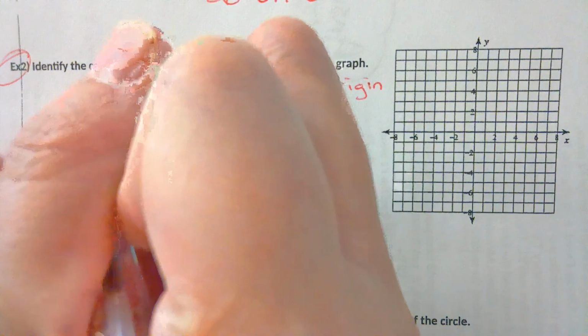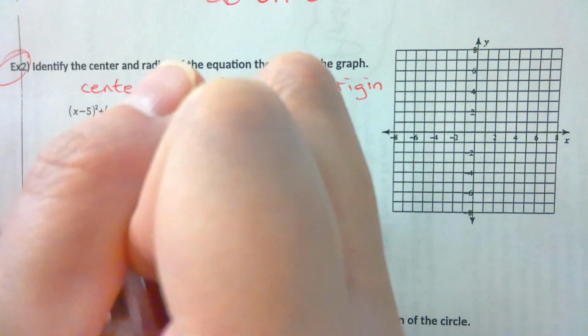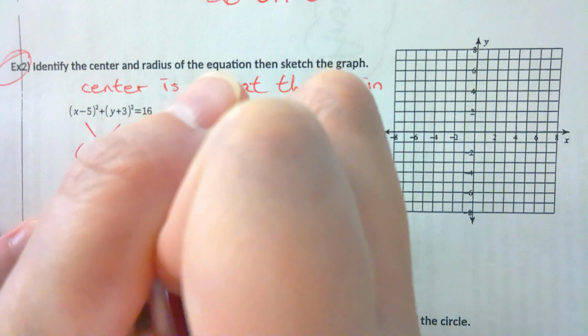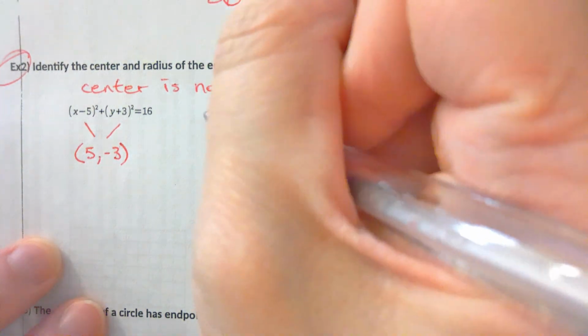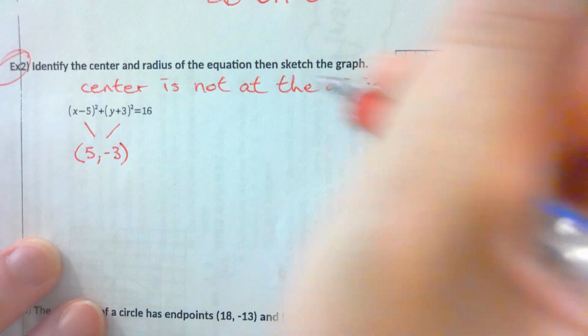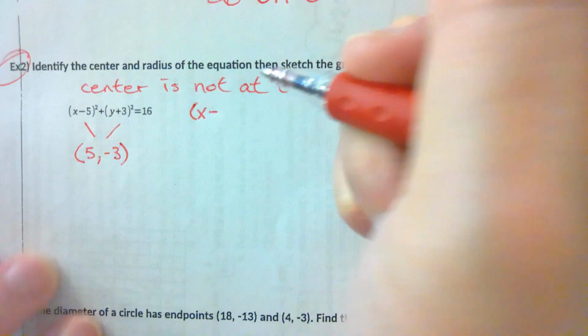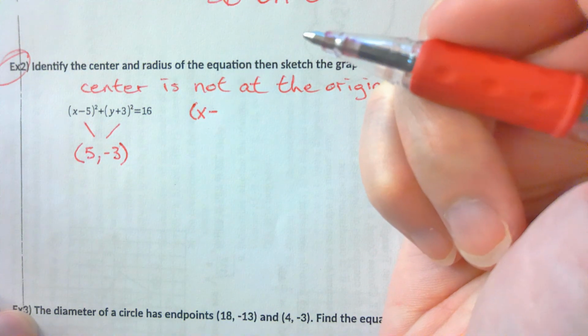All right. So looking at these, your center is at 5, -3. Because when the center is not at 0, your general formula is x minus, what letter do they use?